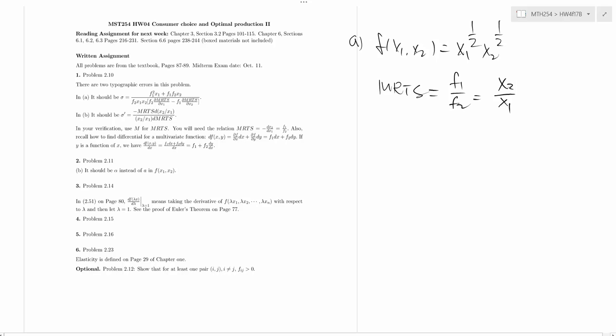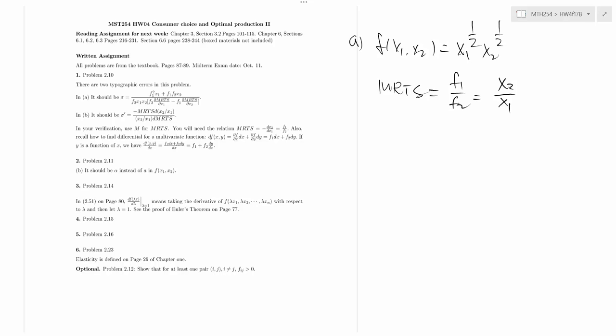Okay. Now, which formula are we going to use? We had three formulas in 2.10, and if we actually try to look at these three formulas, sigma prime provides the best way of solving this one.